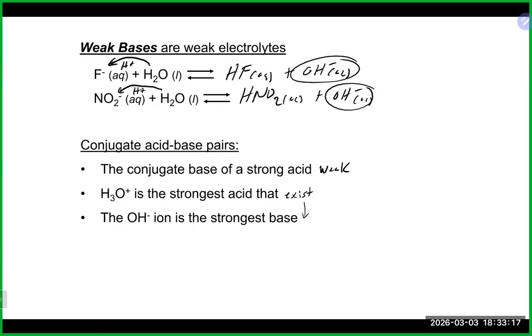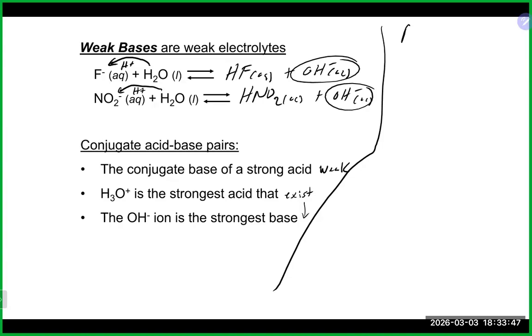But really, the most important thing here is the relationship between the acid and its conjugate partner. And so the relationship is basically an opposite relationship. If something came from a strong acid, its conjugate partner, a conjugate base, would be relatively weak. Now, if it came from a weak acid, its conjugate partner will be relatively strong. So there's sort of an opposite relationship here.